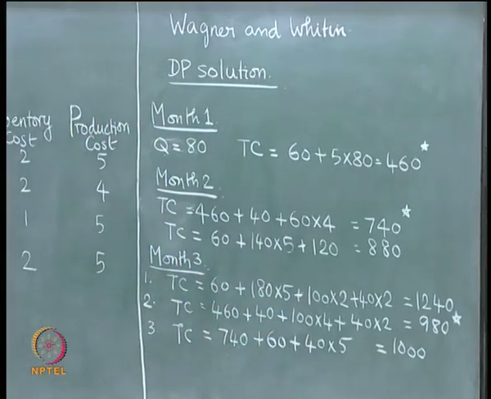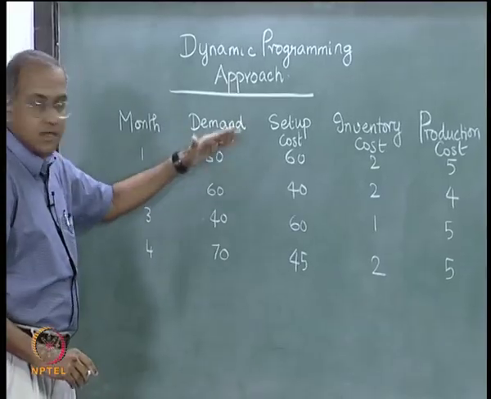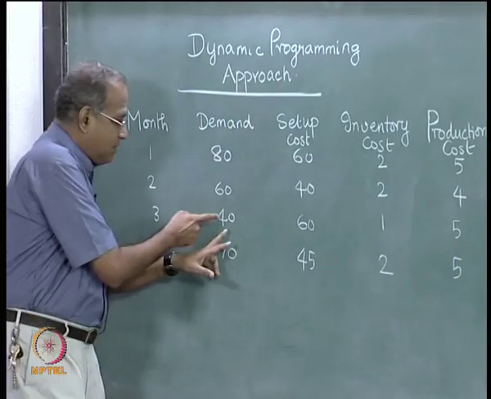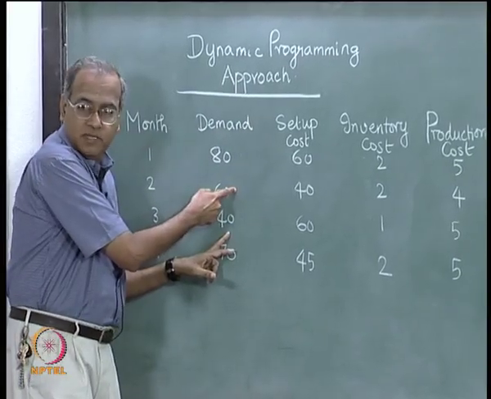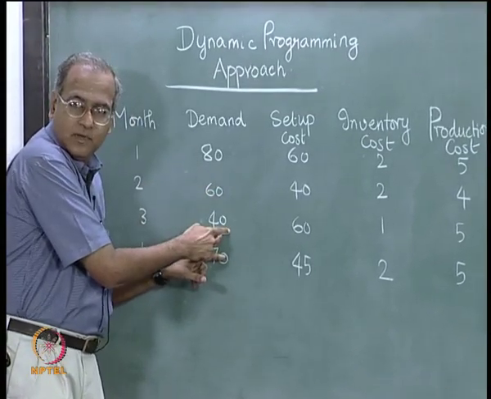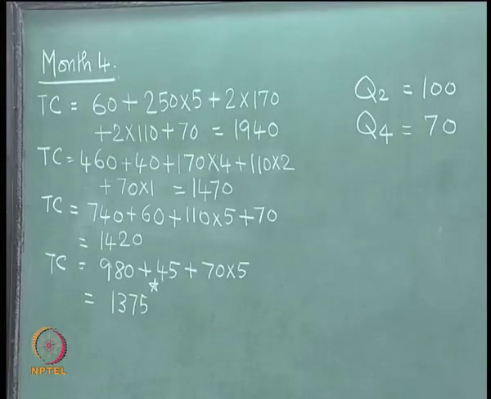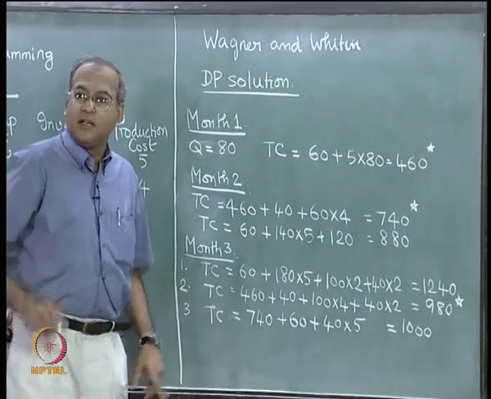So, I am somewhere here, up to this I have solved optimally, and I realize that my production quantity is 100, which means I am producing here 60 plus 40. So, Q2 is 100. So, we have written Q2 equal to 100, and you also realize that 460 comes here.